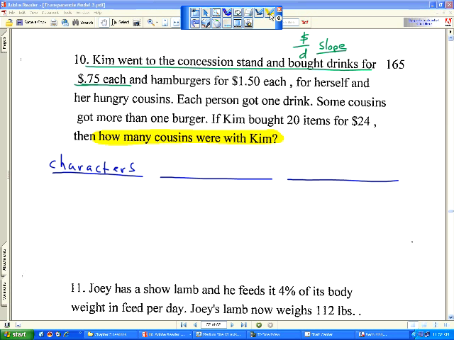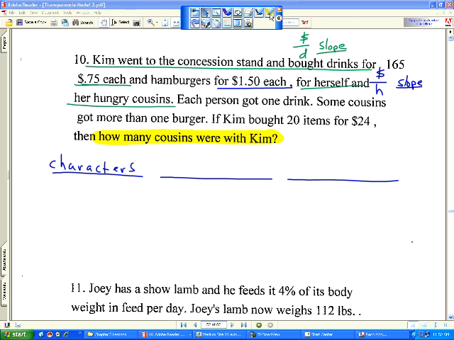And then it says hamburgers for $1.50 each. What's that? That's hamburger slope. Dollars per hamburger. It's not a word sentence, but it's a value statement. The value statements are MX's, right? Or they're M's. All right, for herself and her hungry cousin, so that didn't do us any good.